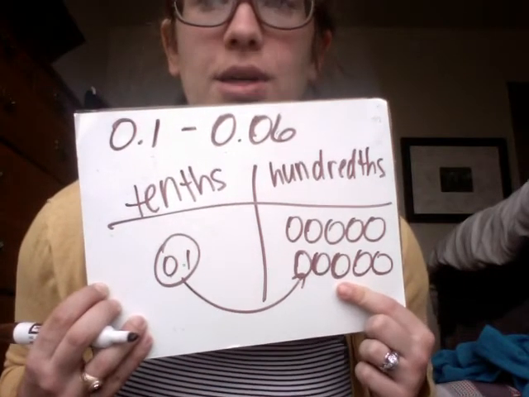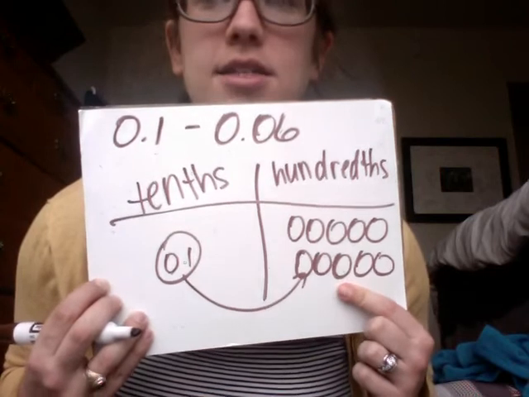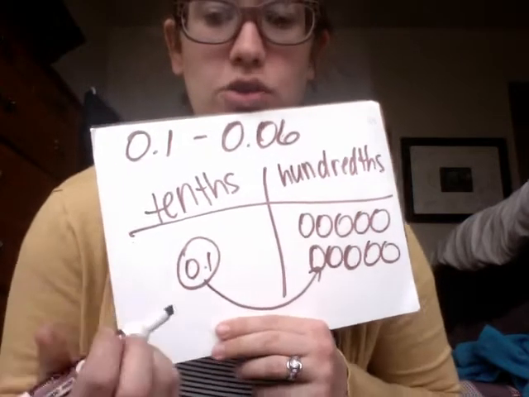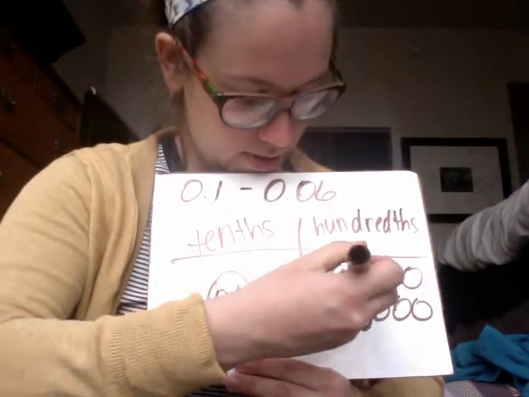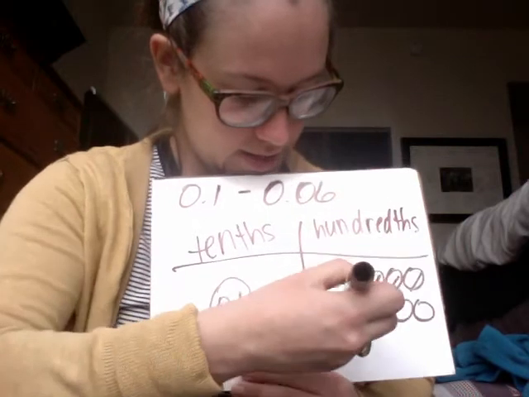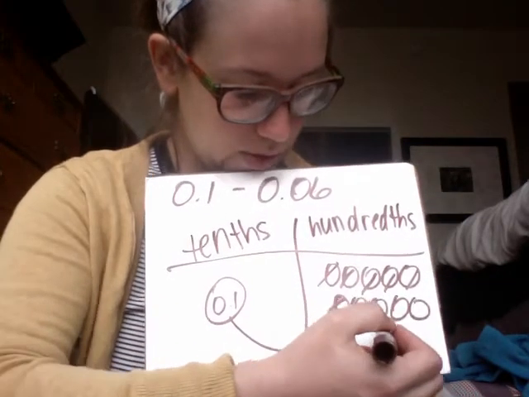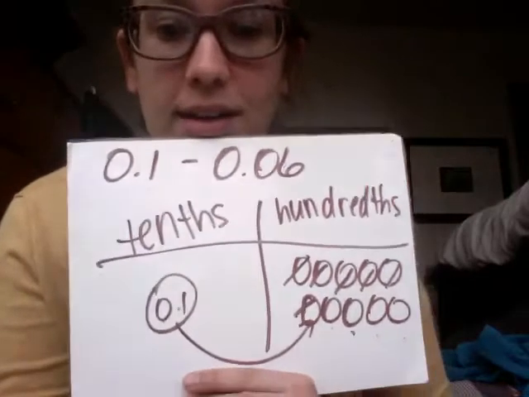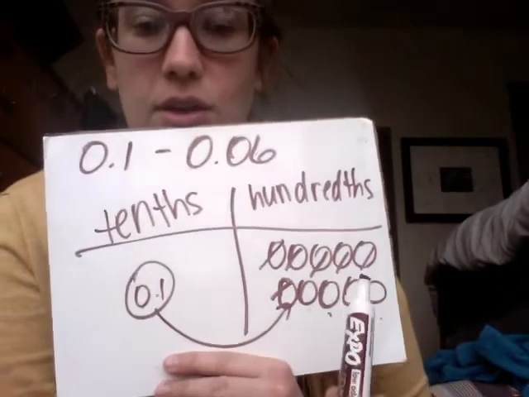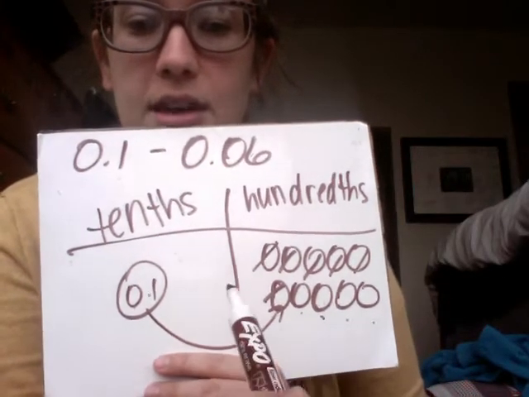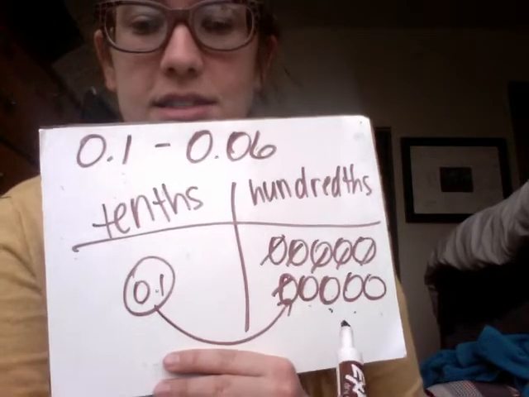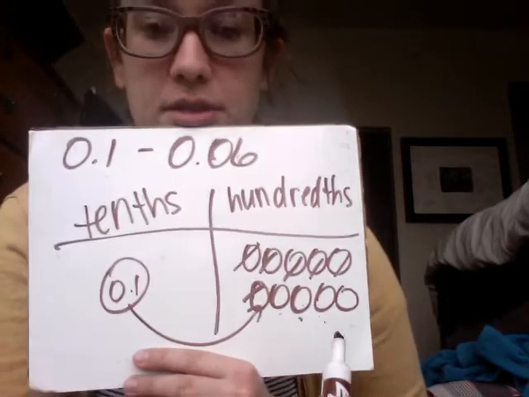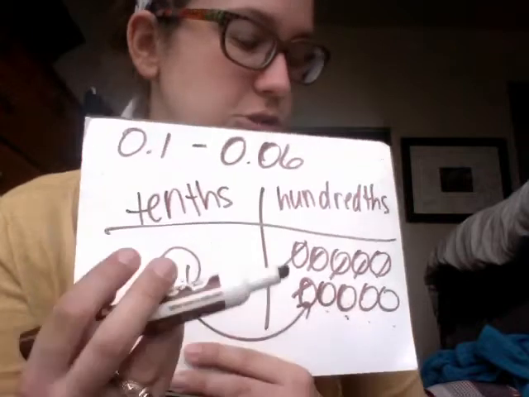Now from here, I'm going to subtract 6 hundredths. So 1, 2, 3, 4, 5, 6. How many do I have left? 1, 2, 3, 4. That makes sense, right? Because we had 10 hundredths, subtracted 6, we have 4 hundredths.